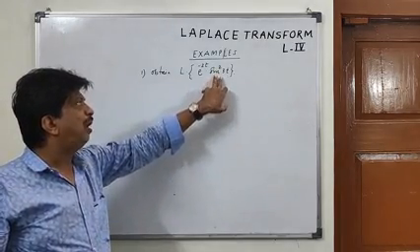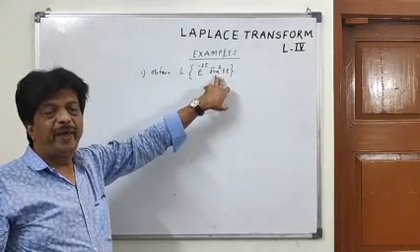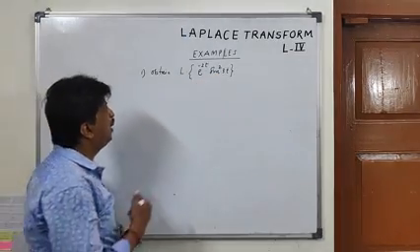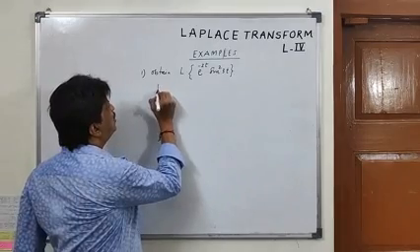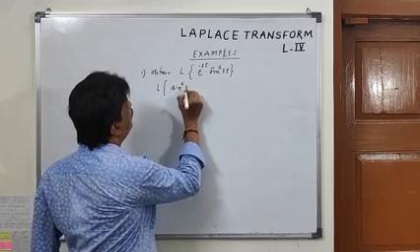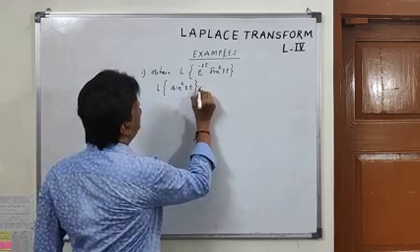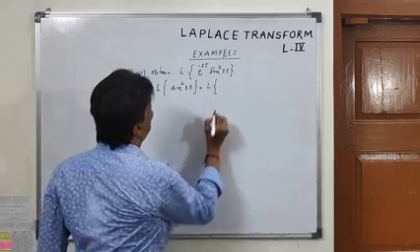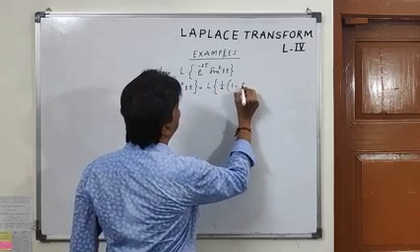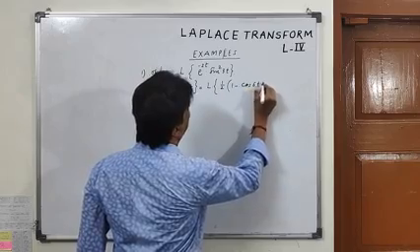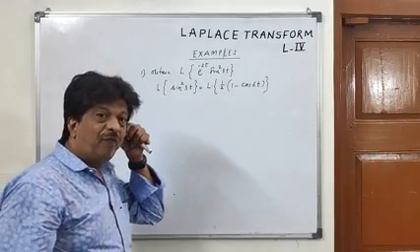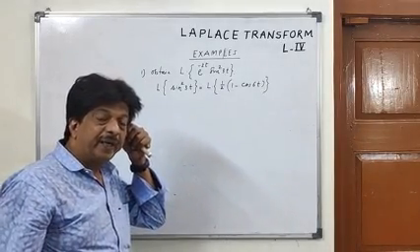First of all, we would be determining the Laplace transform of sine square of 3t. Laplace transform of sine square of 3t is equal to the Laplace transform of 1 by 2 times 1 minus cos of 6t, because sine square 3t is half of 1 minus cos 6t.